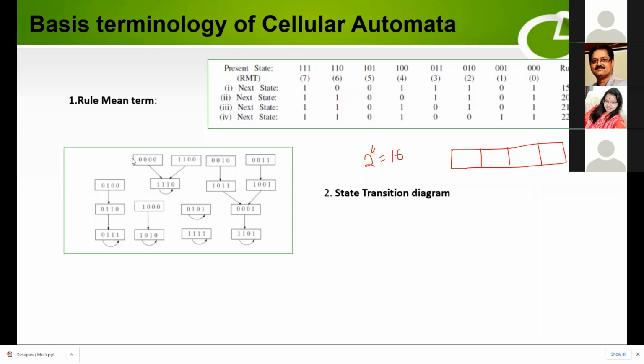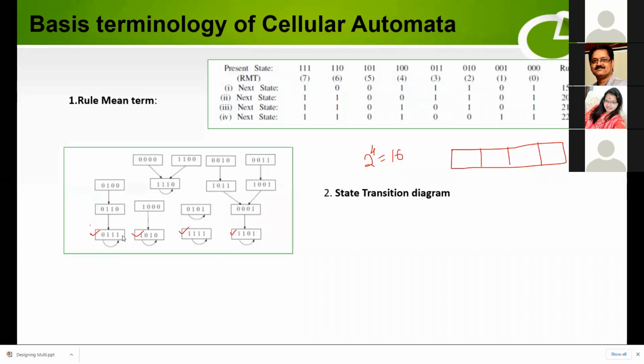And we can reach from one state to another state, and the graphical representation of the transition of the states is called the state transition diagram. In our state transition diagram, we have different kinds of states. We can see that this is a state transition diagram of some CA. Here we can see that these cells are forming cycles.